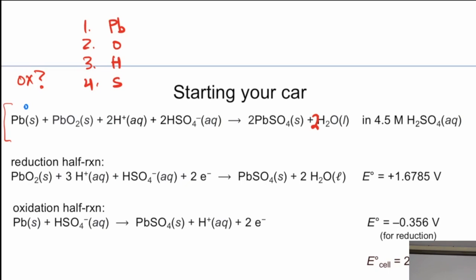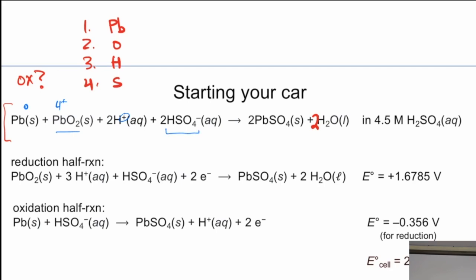All right, and then let's go ahead and look at the oxidation states. That's a great idea. So here's PbO2. Now remember, oxygen is always going to be 2 minus. So how many negative charges do we have in PbO2? 4. So what's the charge on lead here? 4 plus. Here we already know the hydrogen, we're given the oxidation state there because it's an ion in solution.